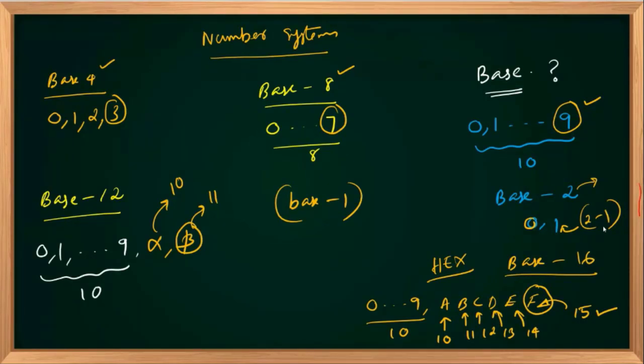So base is always greater than or equal to 2. The system with the least base is the binary system. Base can be 13, 14, 15, 20, 21, etc. Doesn't matter. But the least value is 2, and that's our binary system.